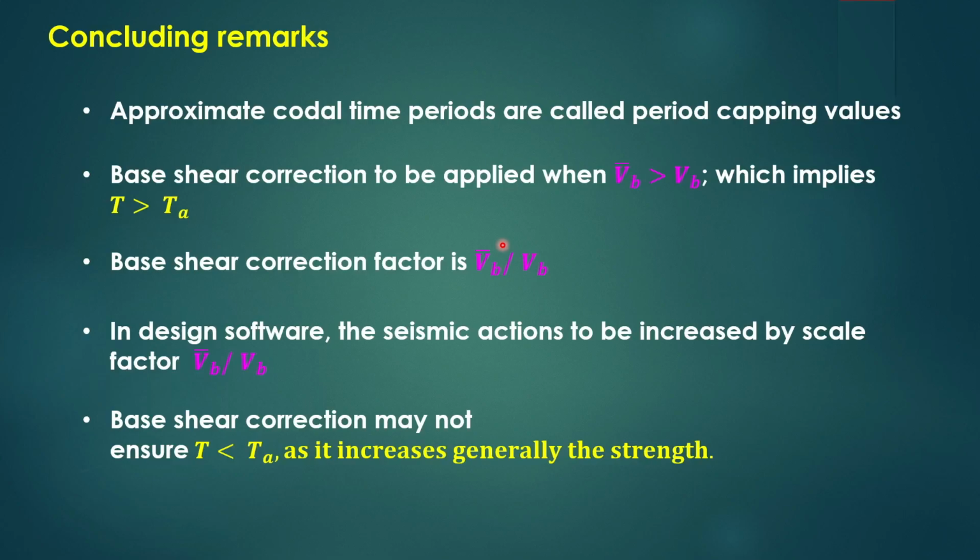If they are safe only by increasing the steel, then you need not increase the size, and in that way it will not change the stiffness of the building. However, you have increased the strength of the sections, and we shall see in future videos that strength and stiffness are related. So in some indirect way, you are ensuring this T less than TA condition in the system.